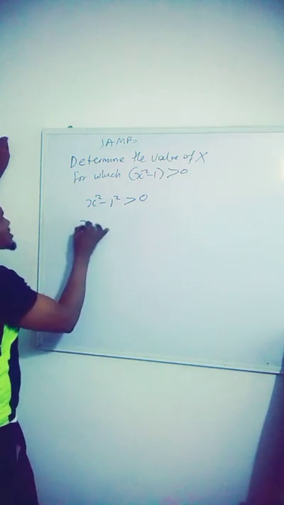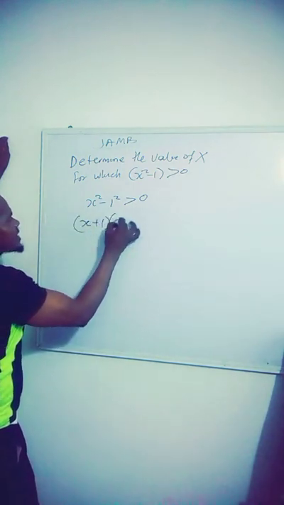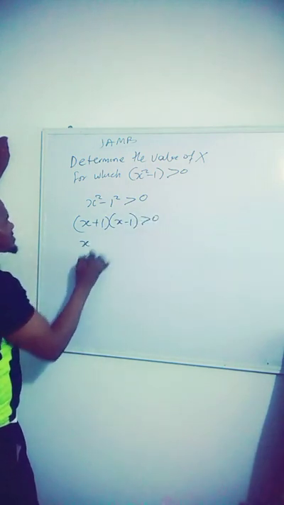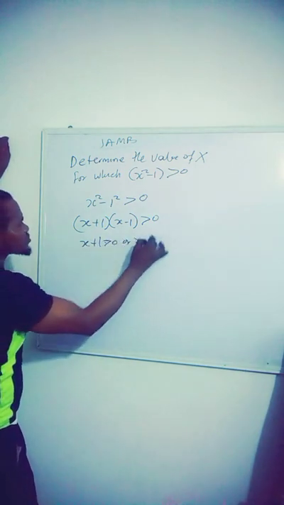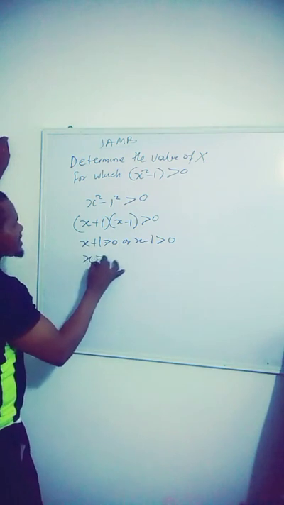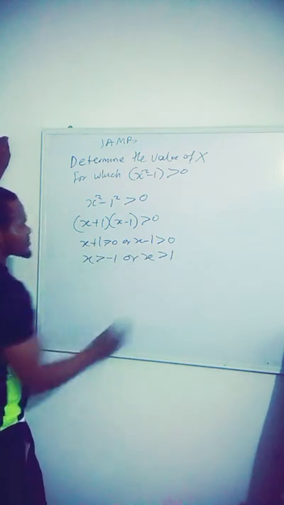So this is x plus 1, x minus 1 greater than 0. So x plus 1 greater than 0, or x minus 1 greater than 0. So x greater than minus 1 or x greater than 1.